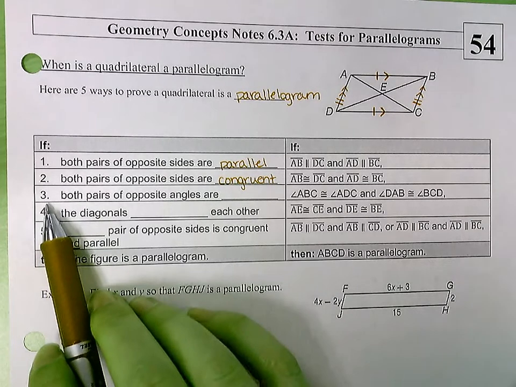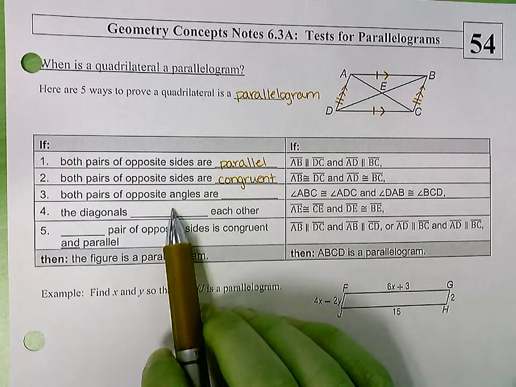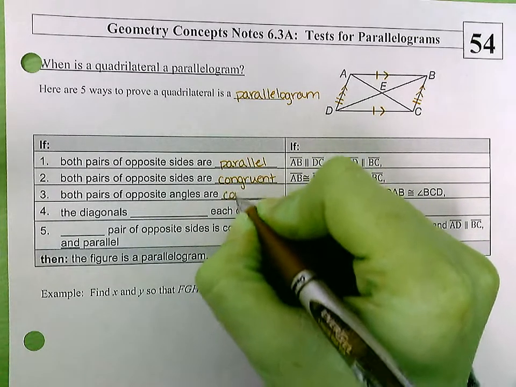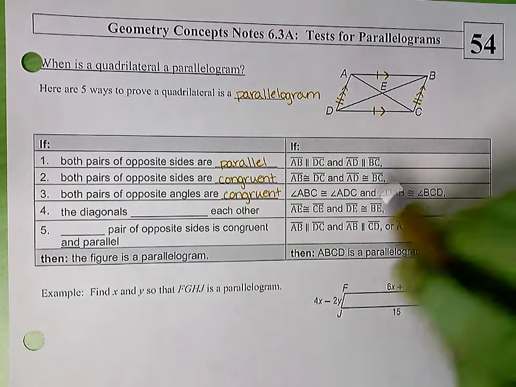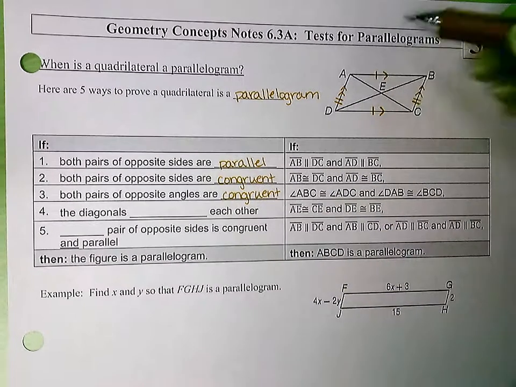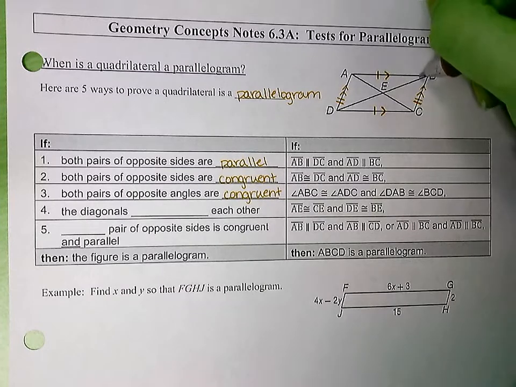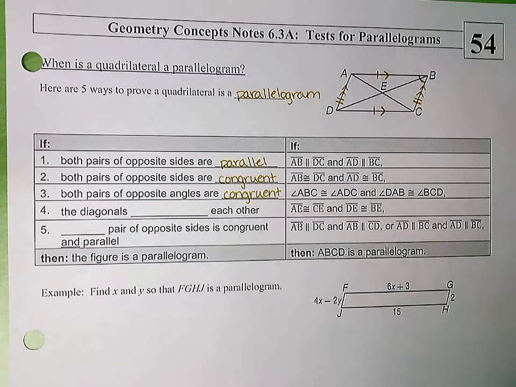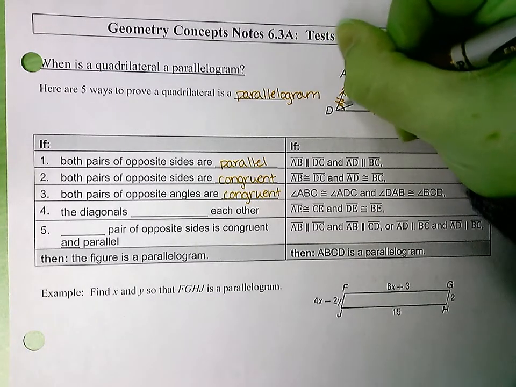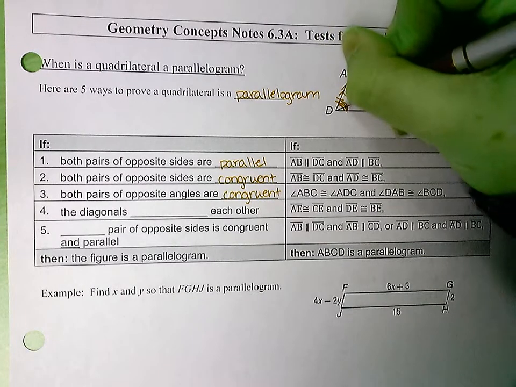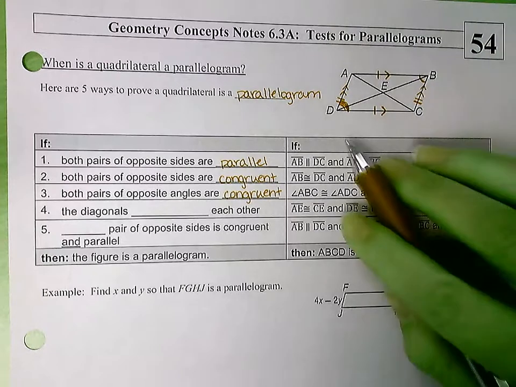The third way, if both pairs of opposite angles are congruent. So with our opposite angles, we have ABC, so that's this angle here, is congruent to ADC. That's just one dash.